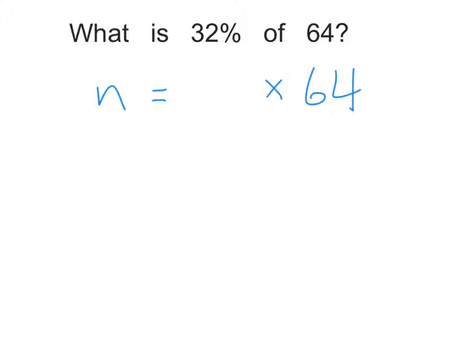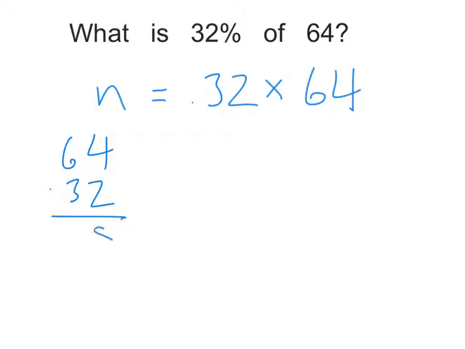So 32% we'll write as 0.32. Now this is our equation, and we just want to solve it for n. This is the easier case because n is already by itself. We just have to figure out what is 0.32 times 64.